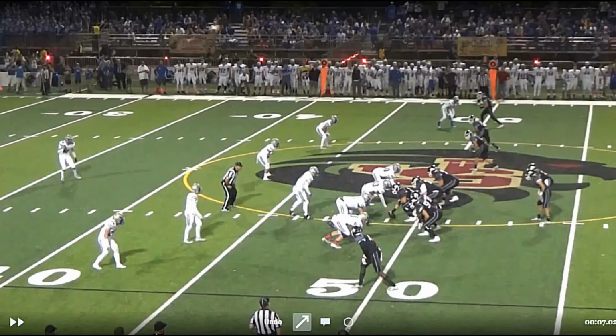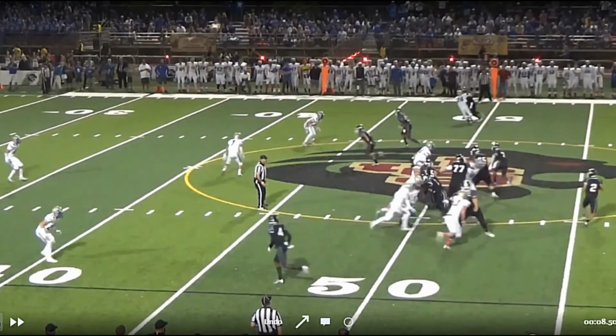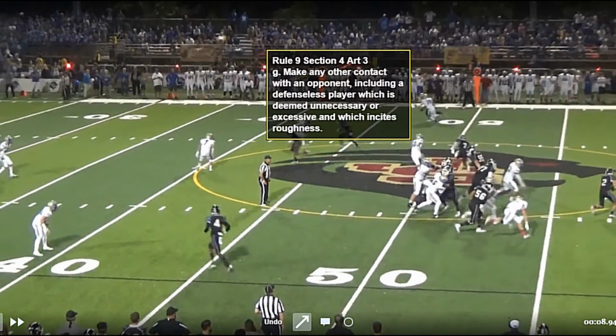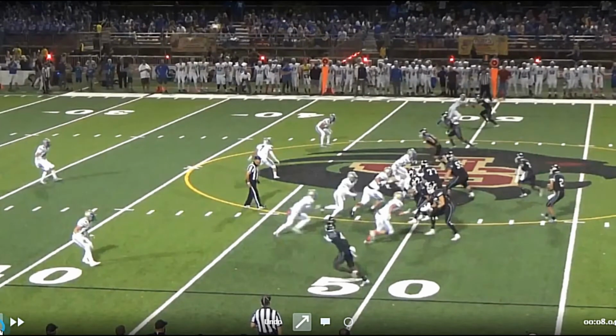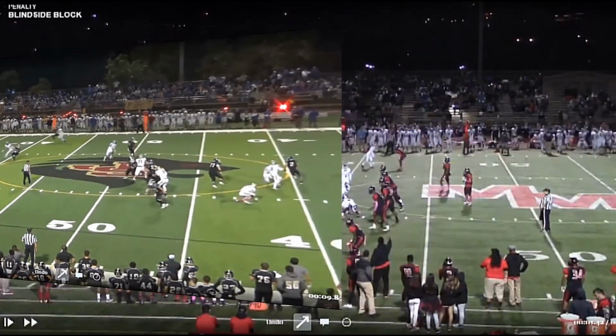I talked to Steve Coover, and he says, no, Mark, that's a personal foul. That is what? Unnecessary roughness. Rule 9, Section 4, Article 3: No player or non-player shall make any other contact with an opponent, including a defenseless player, which is deemed unnecessary, excessive, and which incites roughness. This is our sort of catch-all for those types of fouls that we know are fouls, but aren't specifically prohibited in the rule book.